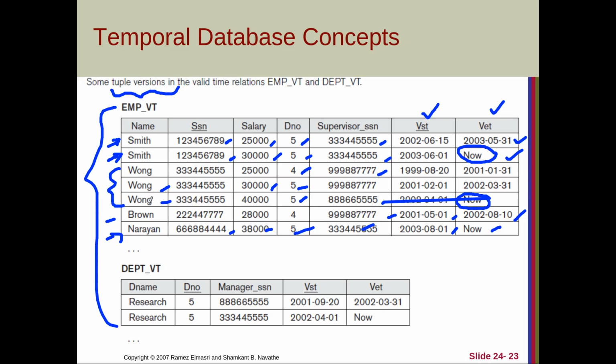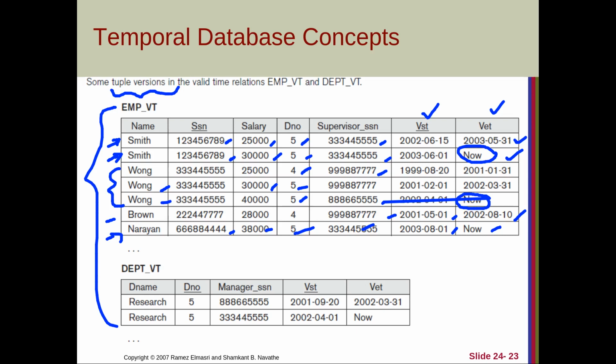Sometimes the salary was modified, sometimes the department was modified, sometimes the supervisor was modified, etc. As and when some changes apply to that particular employee, his history tuple will be maintained and the new one will be created with valid end time as now.